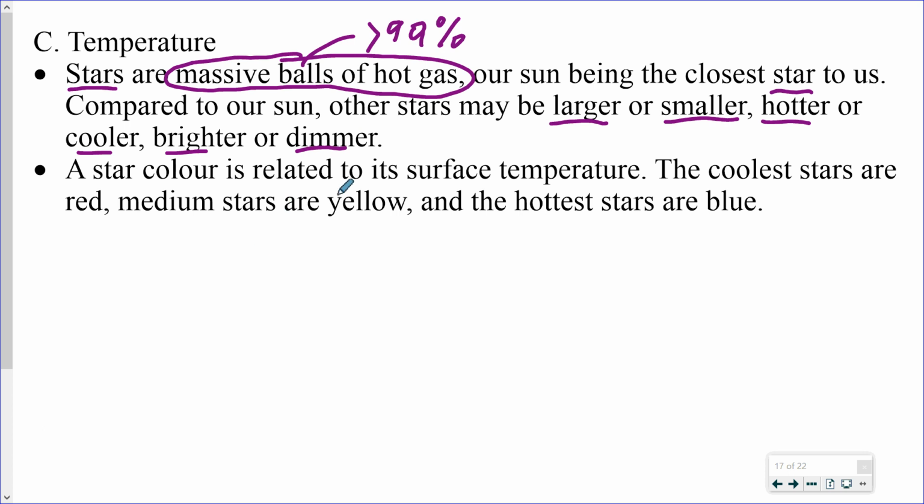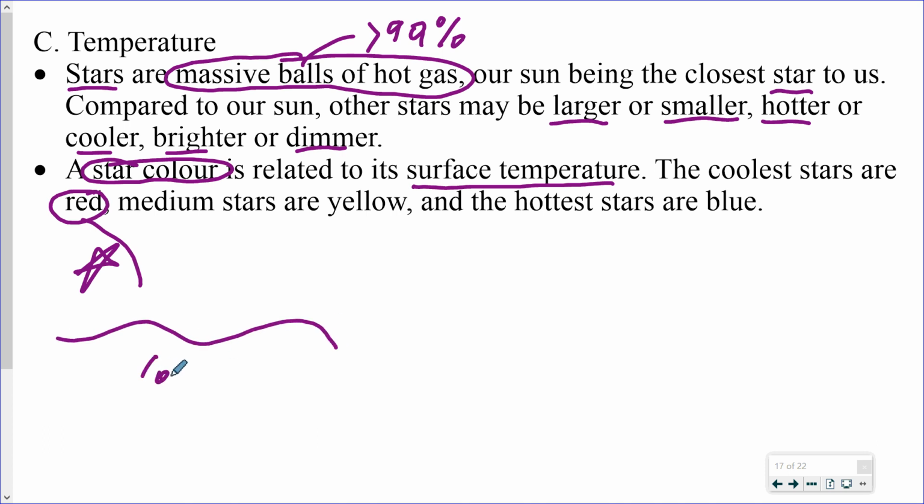So the star color is related to its surface temperature. This is a pattern that you should recognize. Cooler stars are at the red end of the visible spectrum. As you go to the other colors, remember that red has the longest wavelength, and that's the lowest energy.